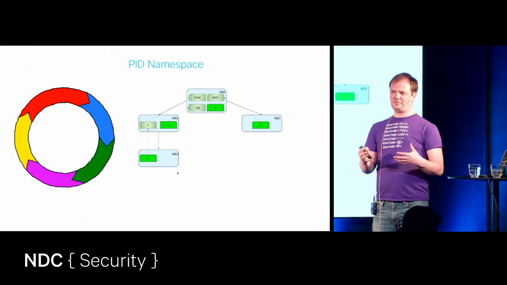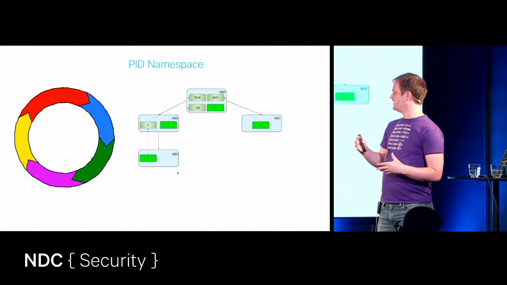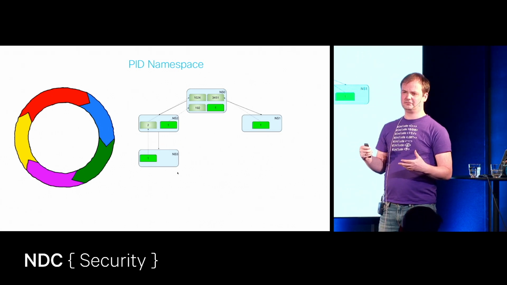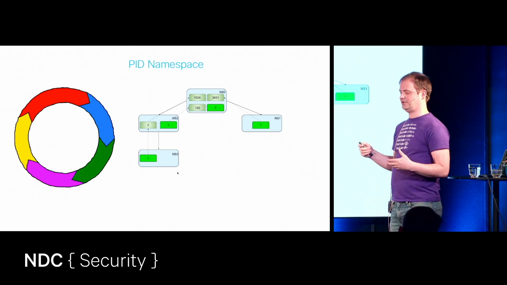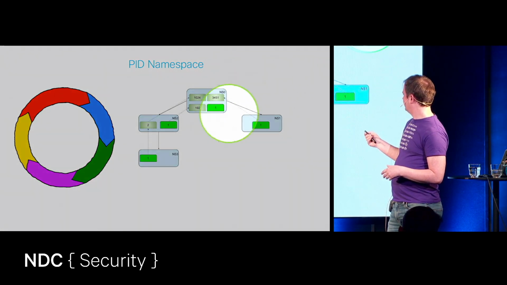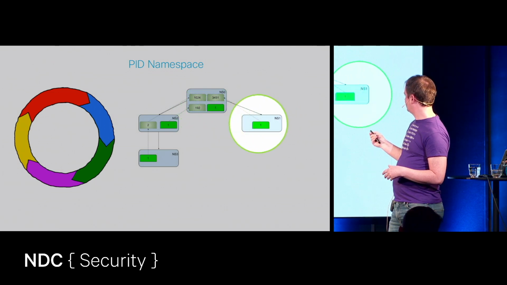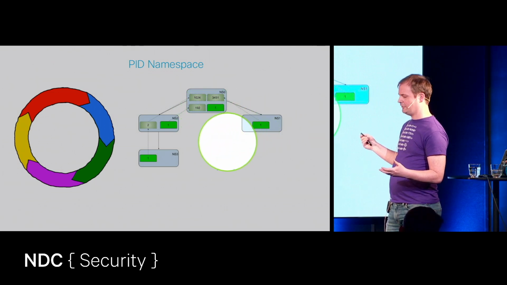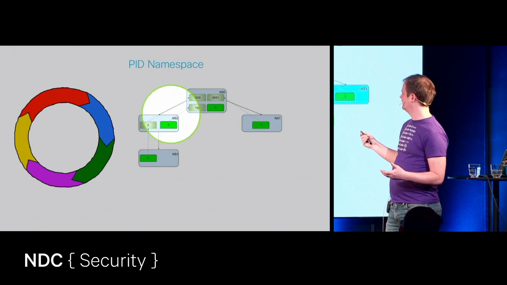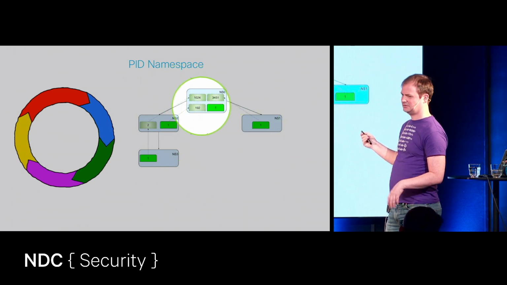What a PID namespace does is it basically starts counting PIDs again. Very easily told. But a PID in another PID namespace also has a PID in the parent PID namespace.